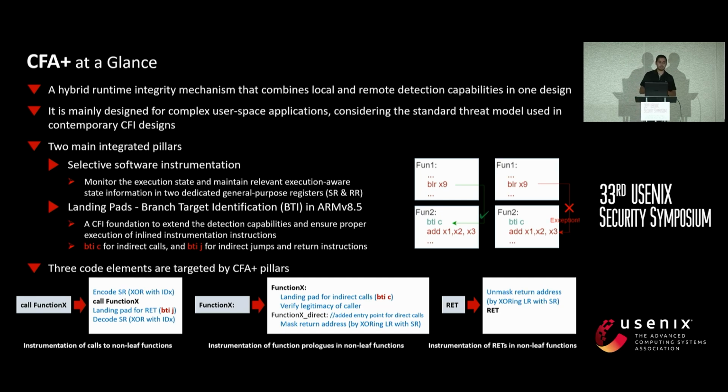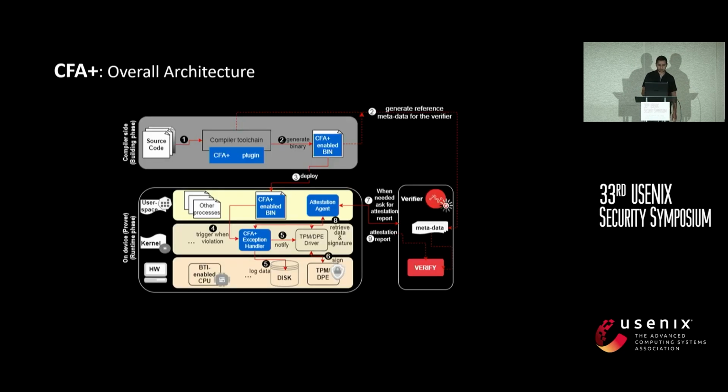It's obvious that we target indirect call instructions because we need to track them, but we also instrument direct call instructions because we want to track return instructions through them. We also instrument the entry and exit points of each function to make sure that we allow legitimate calls, or at least, if some non-legitimate calls bypass, we manage to detect them later.